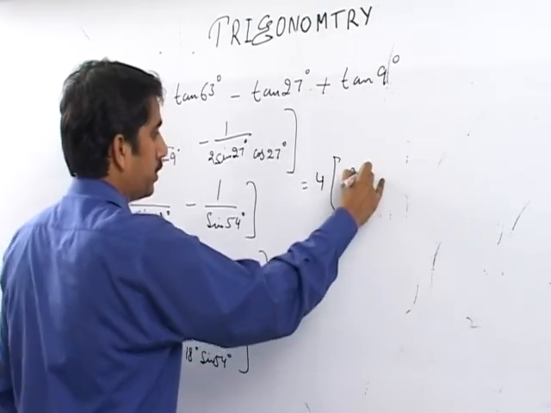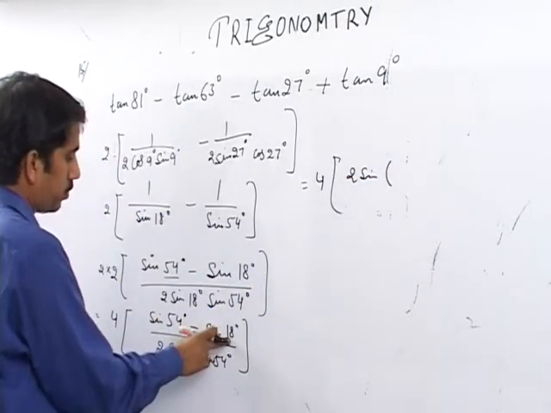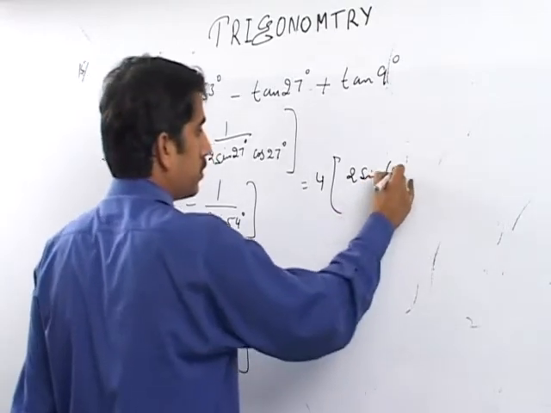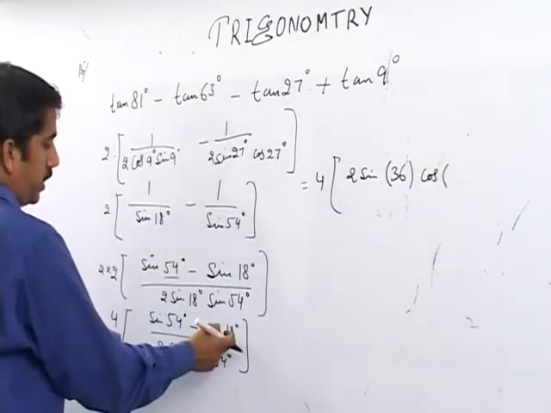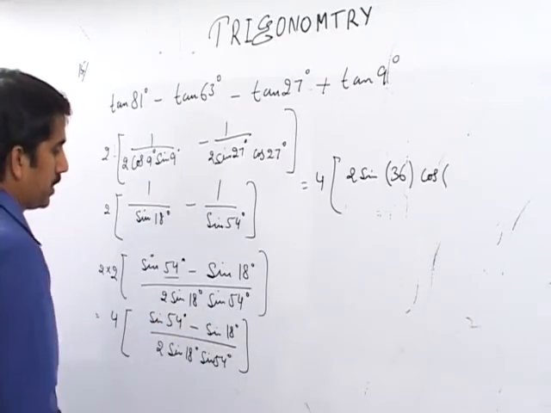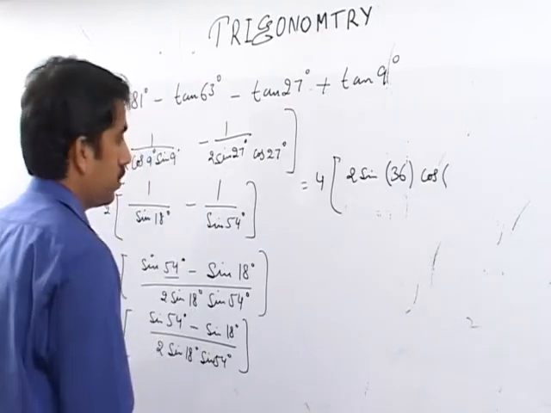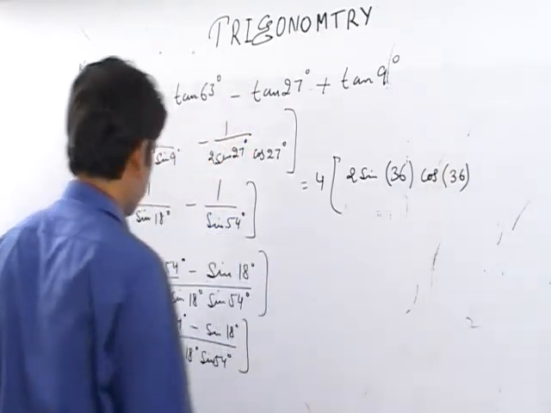This is 2 sin of C minus D by 2 and cos of C plus D by 2. C minus D by 2 means sin of 18, and C plus D by 2 means cos of 36.